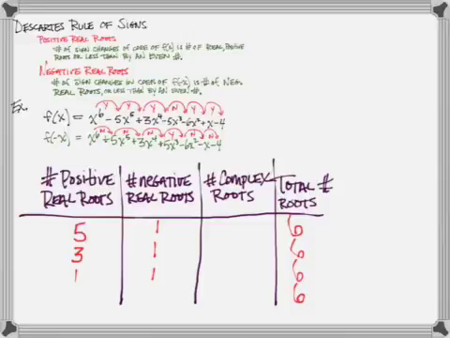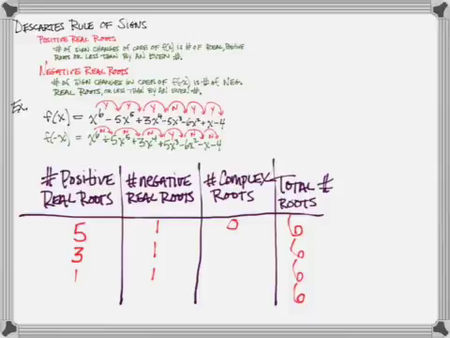So, if I know that they're going to have to be 6, for the first line, how many complex roots am I going to have? 0. That's fantastic. That's what we hope happens. Because if I was to graph that, how many spots would it cross the x-axis at? 6.